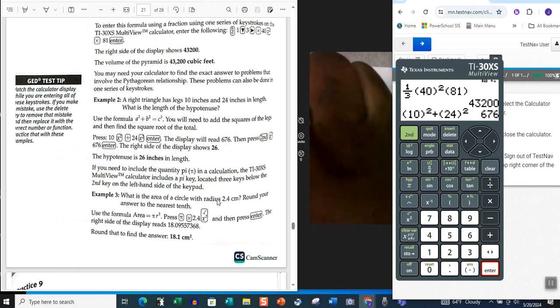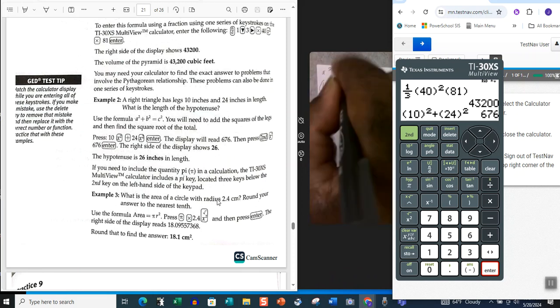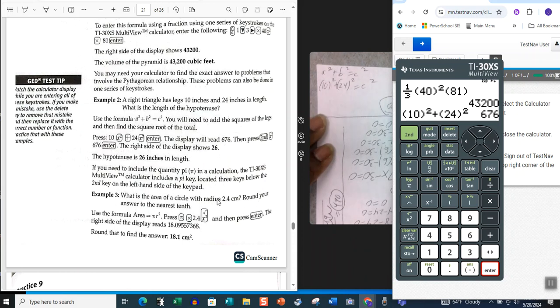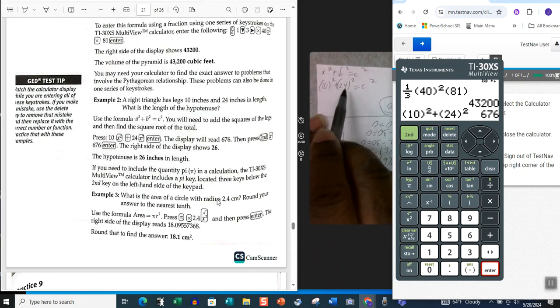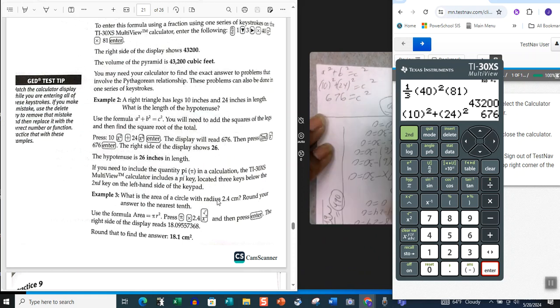So this is a squared plus b squared equals c squared. We would add 10 squared plus 24 squared is equal to c squared. Now when we did 10 squared plus 24 squared, that gave us 676 equals c squared.